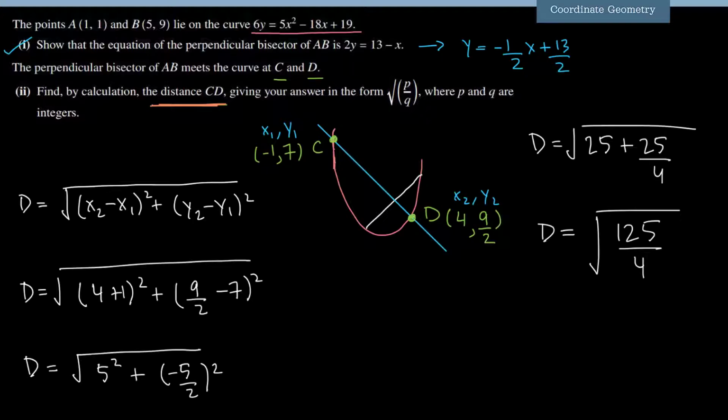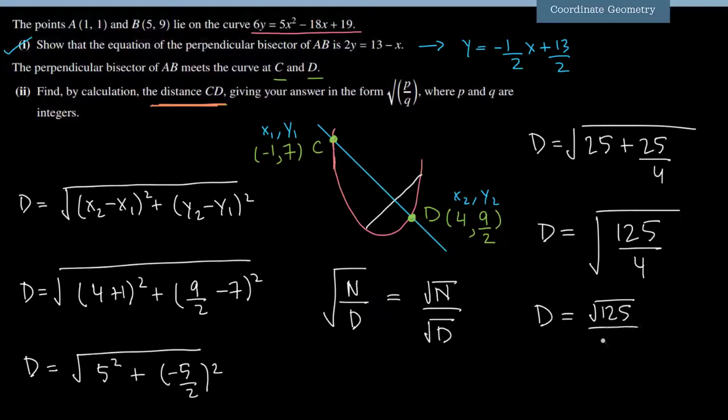We have learned from indices that whenever we have a square root over a fraction, we can write it as square root of numerator divided by square root of denominator. So this I can write as square root of 125 divided by square root of 4. Square root of 125 is 5 square root 5 and square root of 4 is 2.